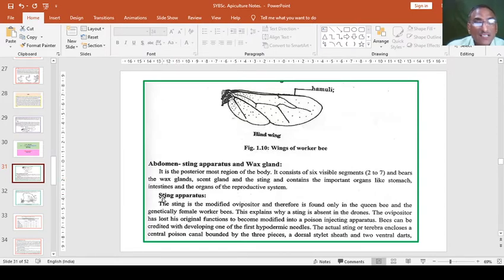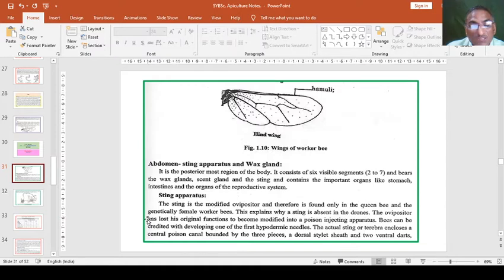The sting apparatus is the posterior-most apparatus of the abdomen, which is used to sting enemies. The sting is the modified ovipositor and therefore is found only in the queen bee and the genetically female worker bees. This explains why a sting is absent in the drones.